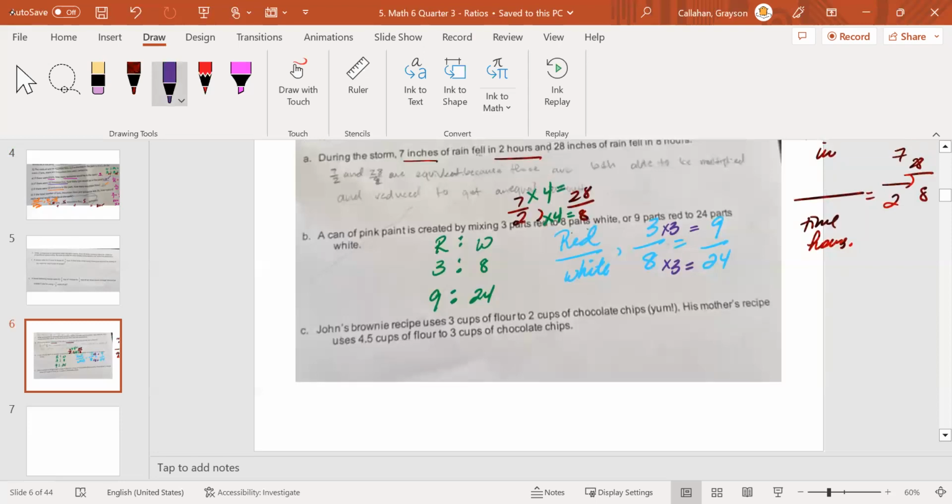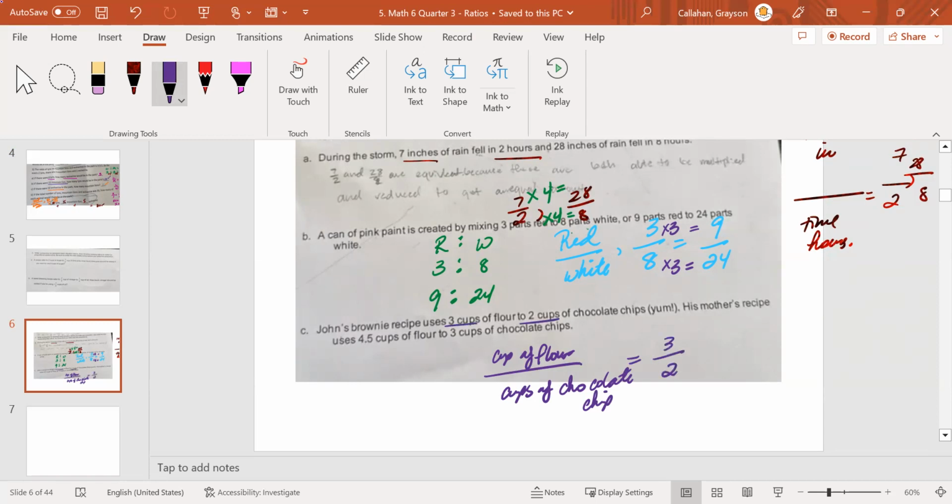C. John's brownie recipe uses 3 cups of flour to 2 cups of chocolate chip. So the two things you have is cups of what? Flour. And then cups of chocolate chip, right? Okay, so 3 cups over 2 cups.